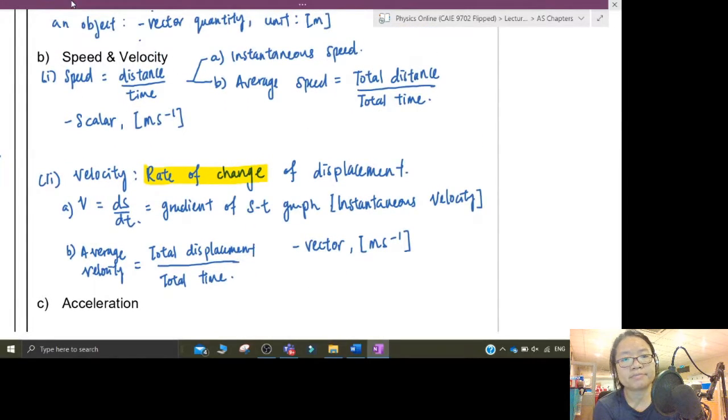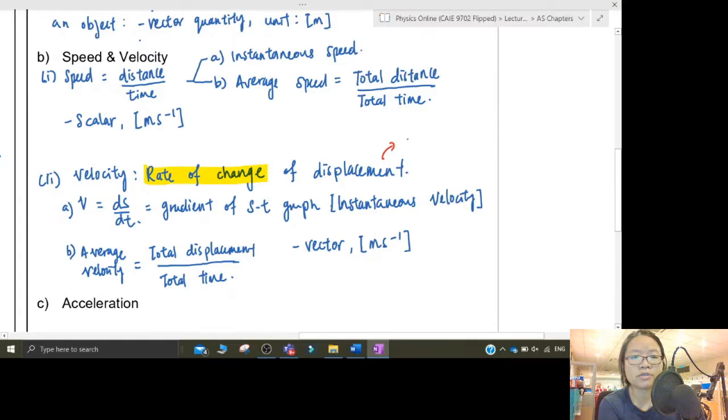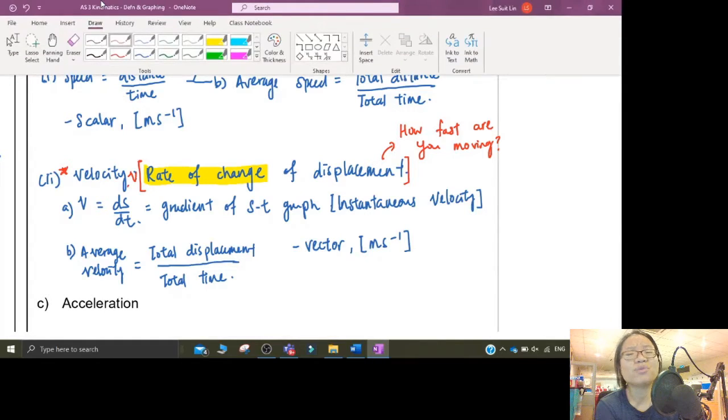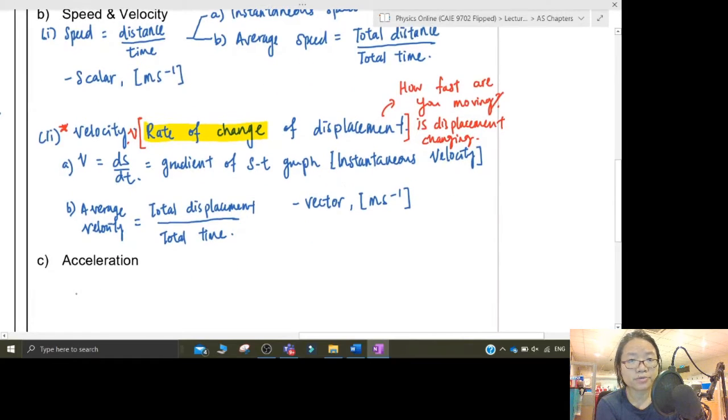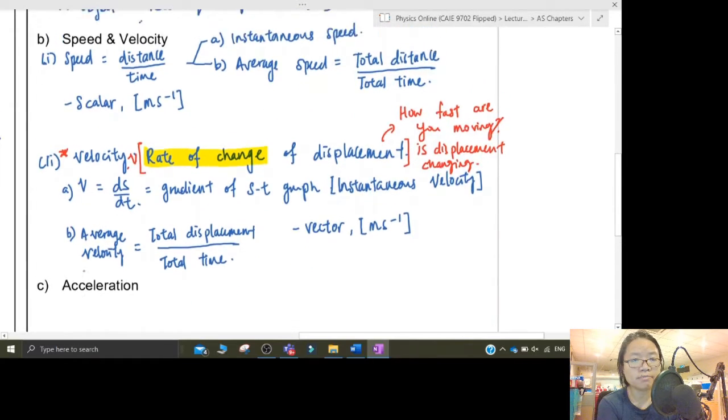It talks about how fast you are moving, you being the object, or how your displacement, your position, is changing over time. We will go more into it later.